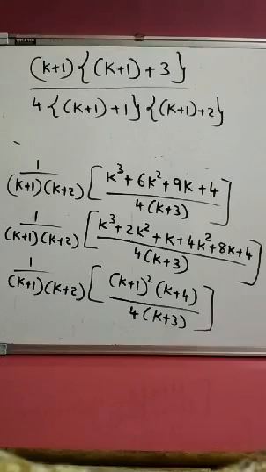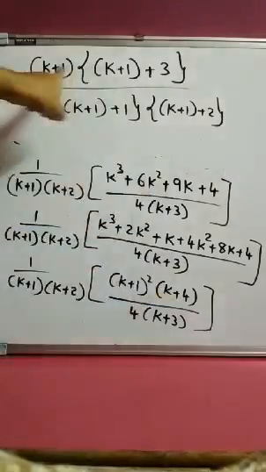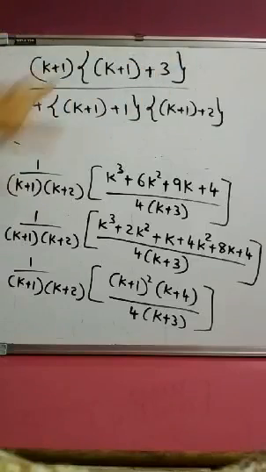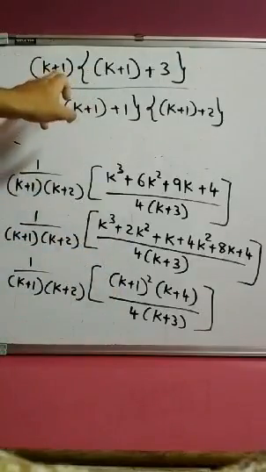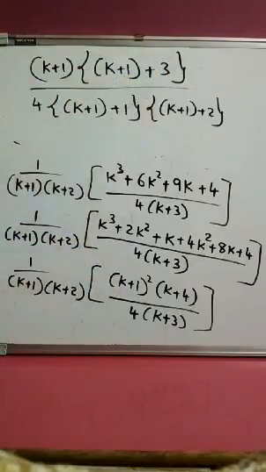Have you got what I have done? Here 4 is there, but here 3. How 3 came? (k plus 1) into (k plus 1), that is (k plus 1) whole square, (k plus 1) into 3. Now here if you will solve, you will get k plus 4 only, right? So I have done like this way. And denominator 4 into (k plus 1 plus 1) and (k plus 1 plus 2). So that is nothing but we have got our required answer.